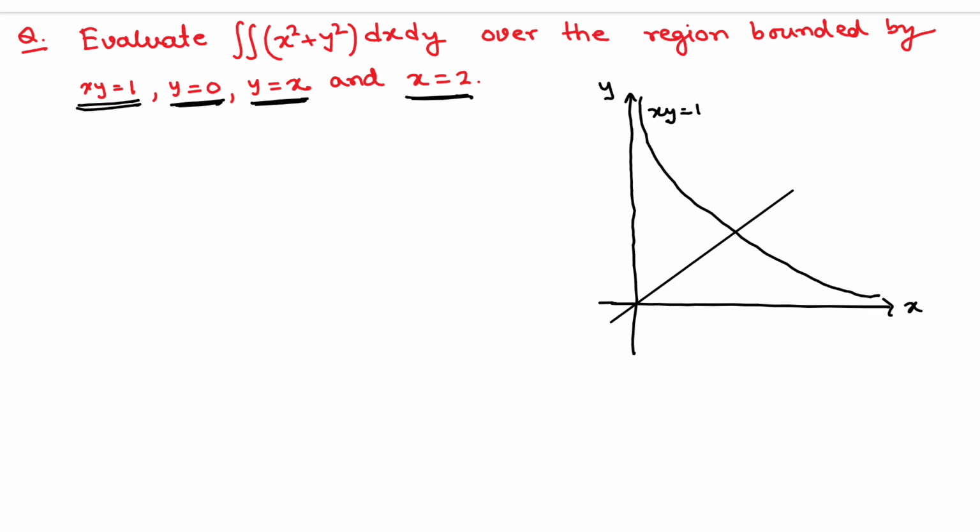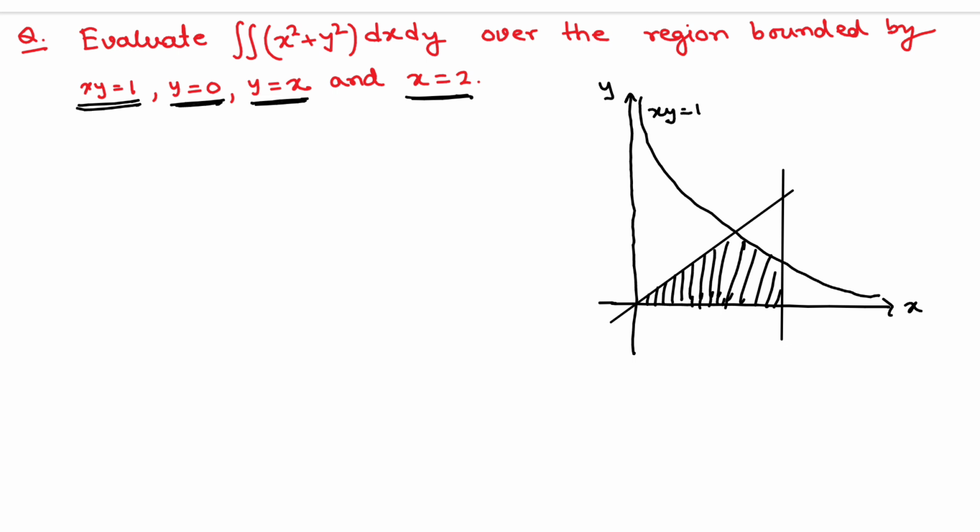And the last one is x equals to 2, a line parallel to the y-axis. This is the figure, and the closed region is this one. This is your region R where you have to find the integration.